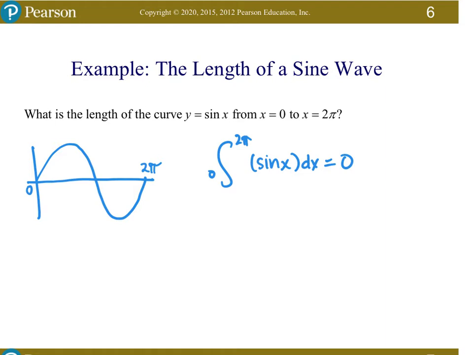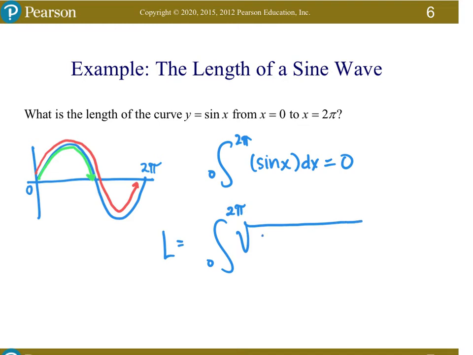But what if we want to measure the length of the curve? You can do this two ways. You can do the whole thing from 0 to 2 pi, or you could just measure from 0 to pi and then double it. It's really your choice. If we want to find the length, you could go from 0 to 2 pi and take the square root of 1 plus the derivative of sine, which is cosine x, squared, dx.